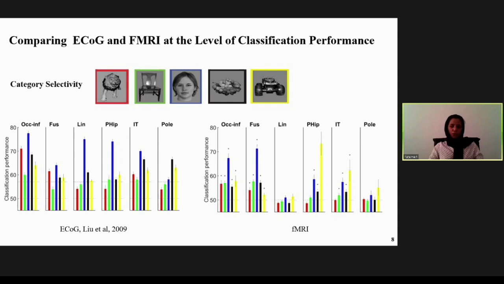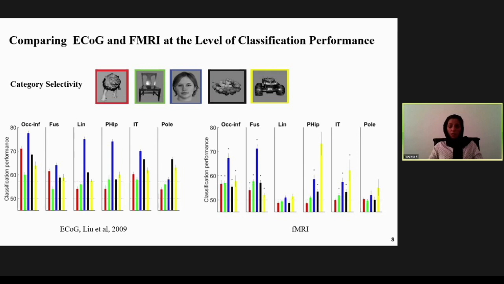For each region, there are 5 bar charts, each showing the accuracy for classifying each category versus all other categories. The bars are color-coded. For example, the blue bars are the accuracy for discriminating between the faces and all other categories.